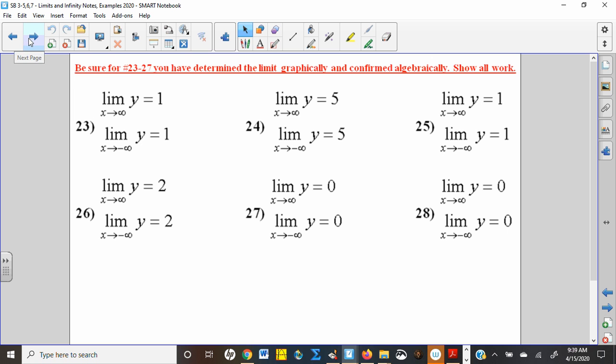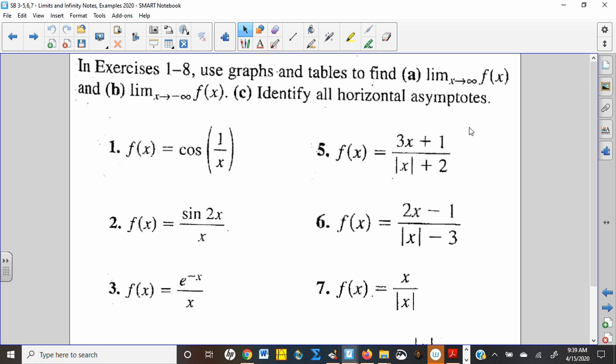The first set of problems was for these 8 functions using graphs and tables. These are mostly functions that you can't do algebraically to the most extent, because on these problems, you're taking limits as you approach infinity. You cannot plug infinity into a function.